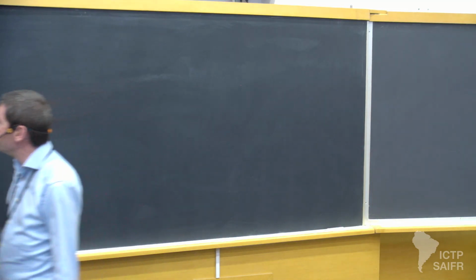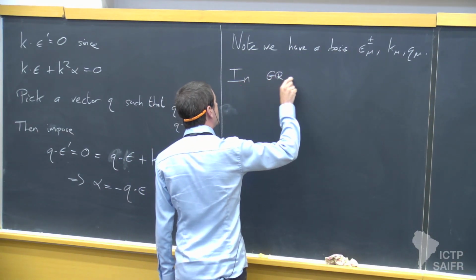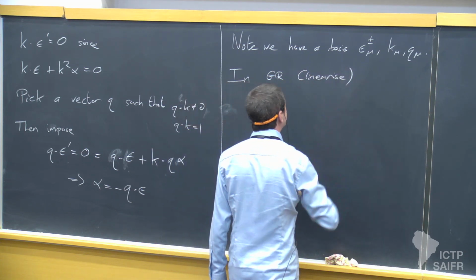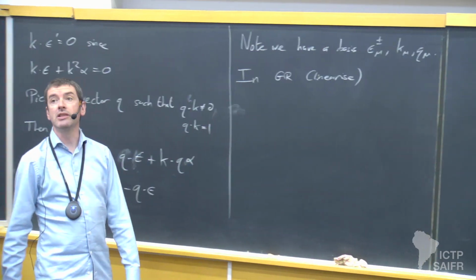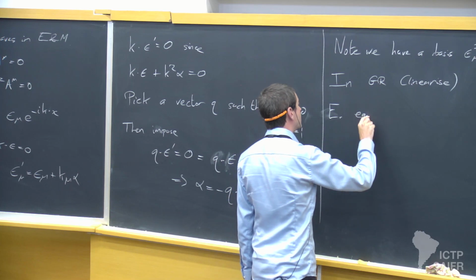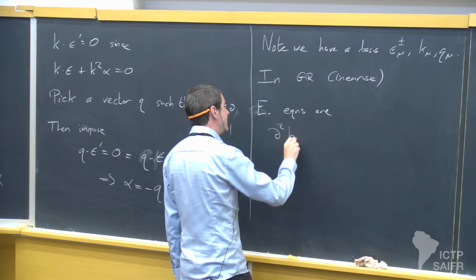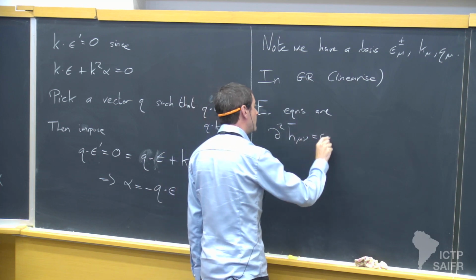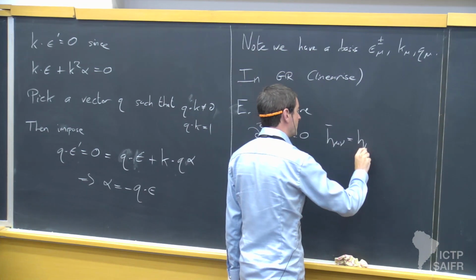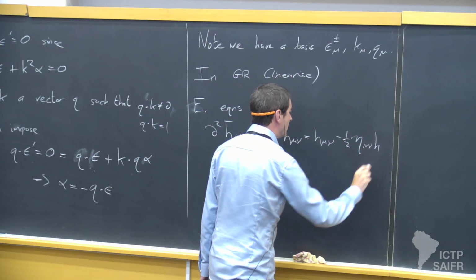Good. Okay, so what about in gravity? So in GR, I'm going to linearize, so I'm just looking at linearized waves for now. Well, the Einstein equations take the form d squared h bar mu nu equals 0, where h bar is the metric perturbation trace reversed by adding this term here, eta mu nu h.